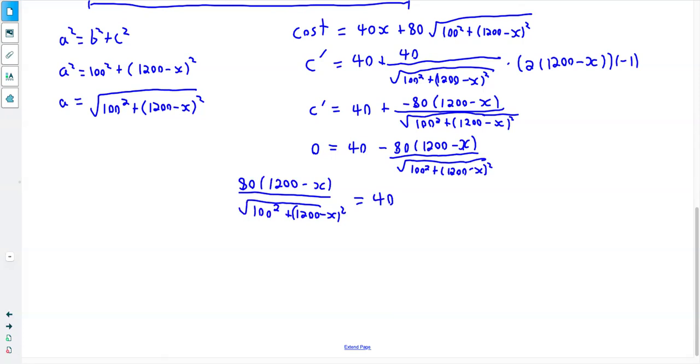Now next step, I'll do a couple things. One is I can divide both sides by 40, and I'll also multiply both sides by this square root to move the root over to the other side. So dividing this by 40 gives us 2 times (1200 minus x) equals, when I divide this by 40, that gives us 1, multiplying it by this gives us the square root of 100 squared plus (1200 minus x) squared.